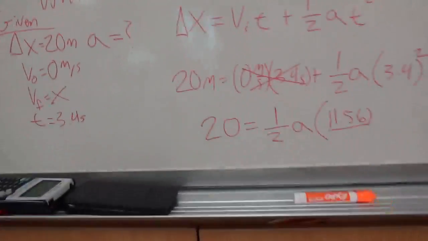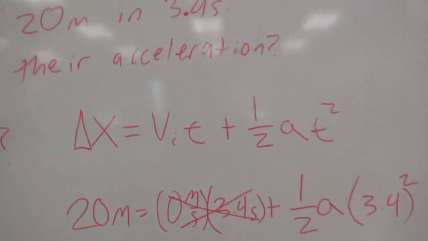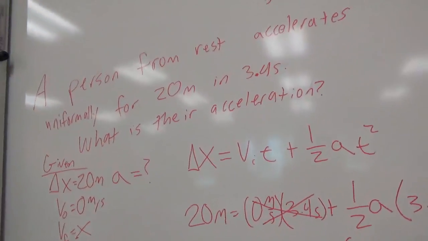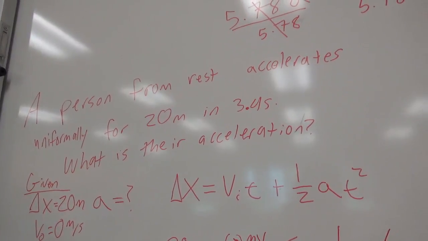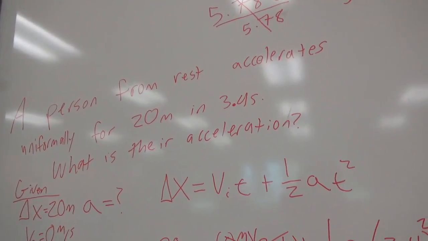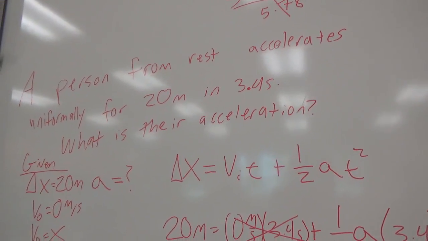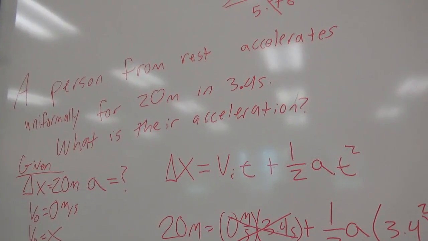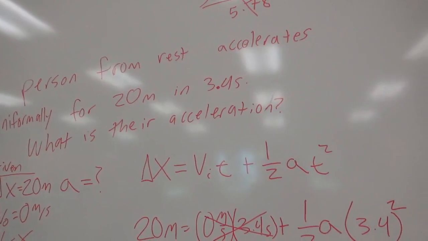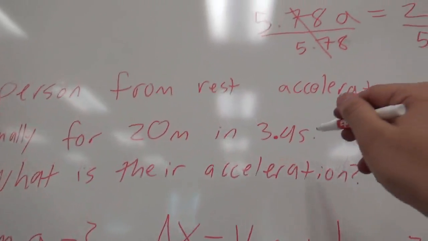Alright, that way you have it rather clear as to the steps that I use in order to solve word problems like this. First thing I do is I read the question. So a person from rest accelerates uniformly from 20 meters in 3.4 seconds. What is the acceleration? There needs to be a comma right here.